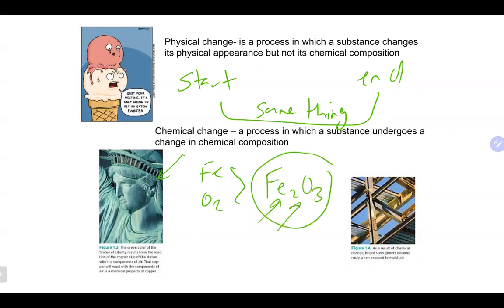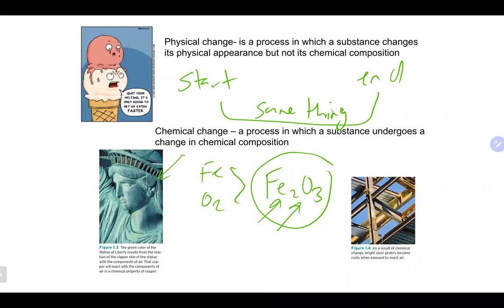In this case, the iron and the oxygen are now united together, and you form something completely different from what you started with. You could take that rust, put it in a freezer, heat it up, boil it. You'll never get the iron metal back. You'll never get the oxygen back by doing any of those physical processes. Try to filter it, it won't come back.